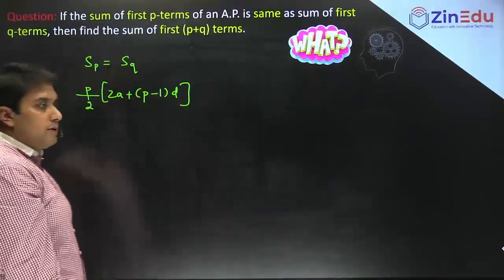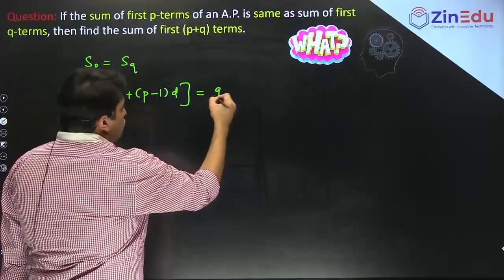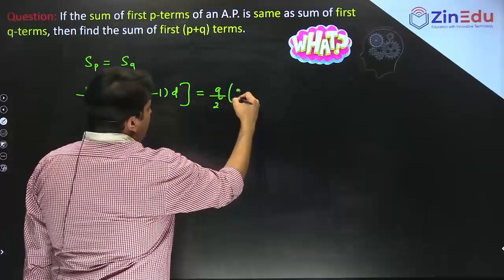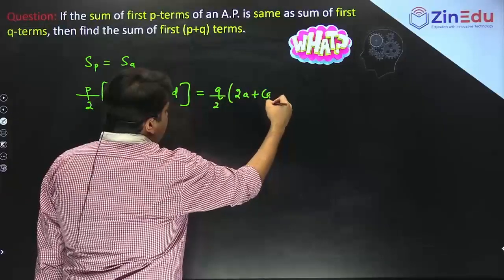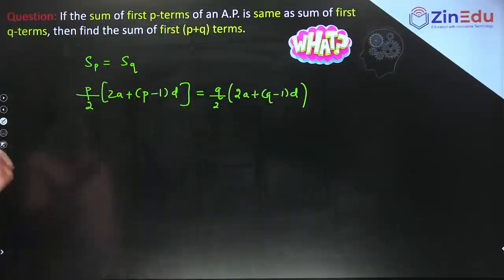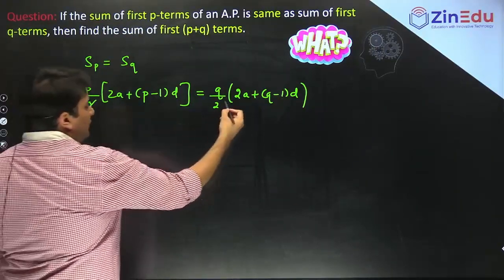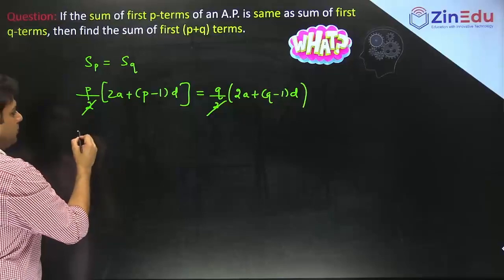So p by 2, 2a plus p minus 1 into d is given as equal to q by 2, 2a plus q minus 1 into d. So now we will be opening the brackets. Since the 2 and 2 will get cancelled out, then we will open the brackets.